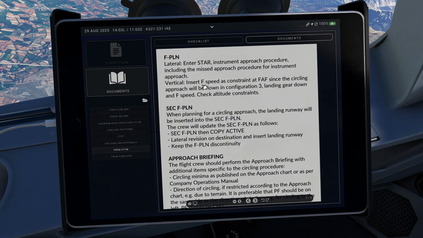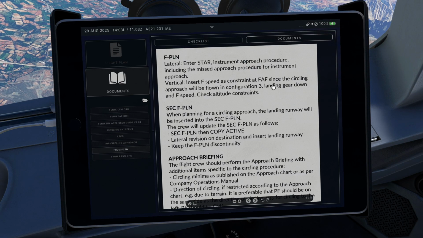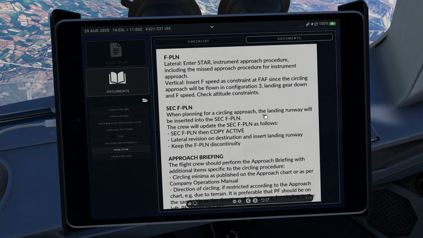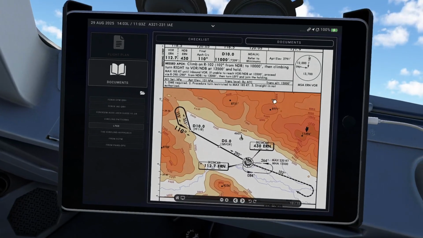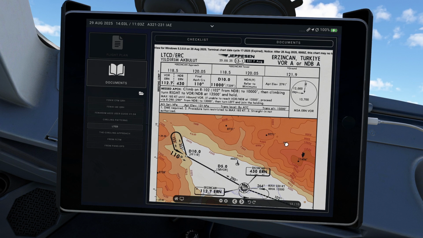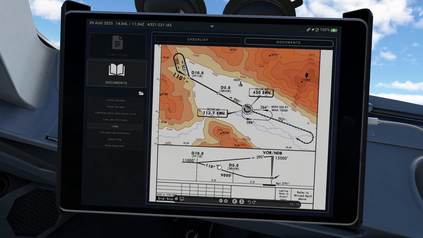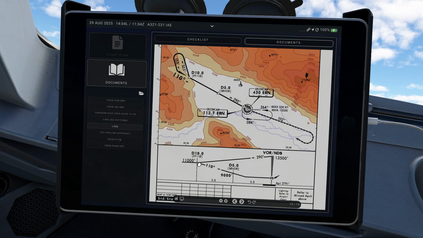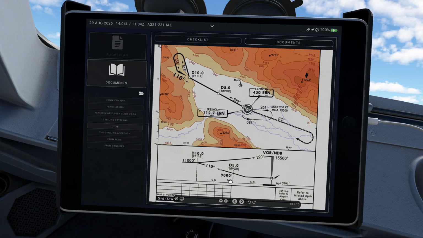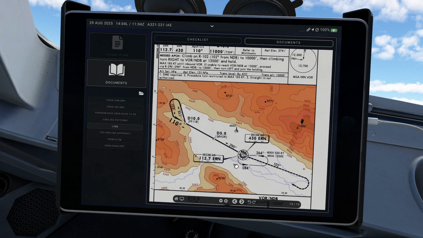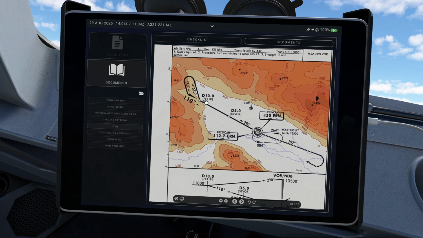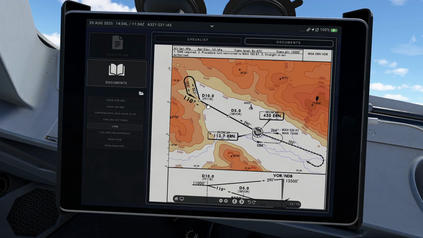Let's, before putting this constraint, go to the chart and identify where the final approach fix is for this approach. If we return back to the VOR Alpha for Erzincan, you see that there is actually no Maltese cross here for identification of a final approach fix for this 2D approach. But we have an FMS identifier here, Foxtrot 110, which almost tells us that the final approach fix is already here, due to two reasons.